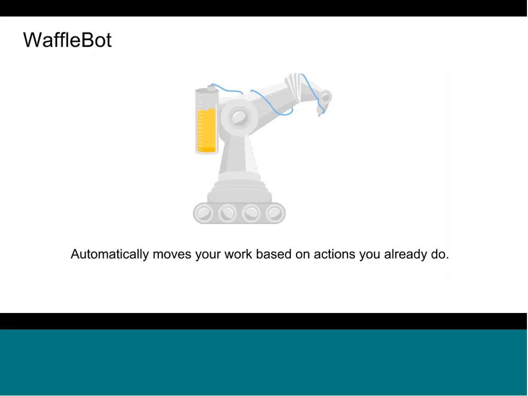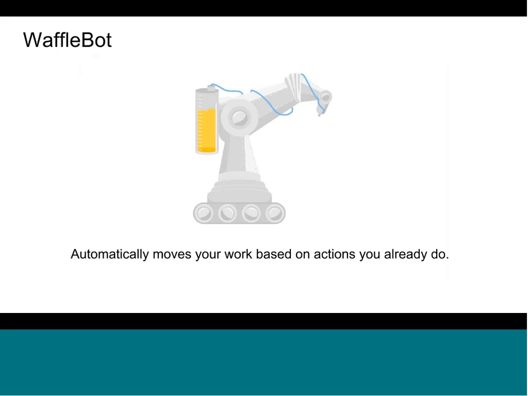The next cool piece about Waffle is WaffleBot. It's not good enough in our mind just to show you what work is happening on your team. What's awesome is that Waffle goes beyond that and can automatically update your status for you. So WaffleBot listens to the work that you do and will automatically update the status of your work for you.